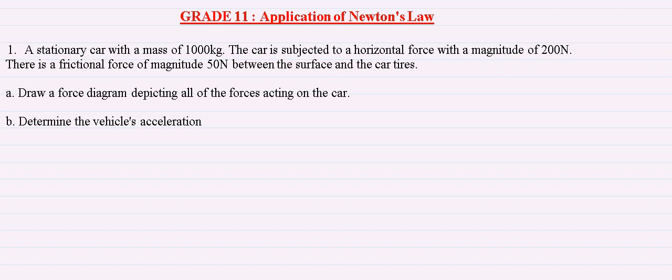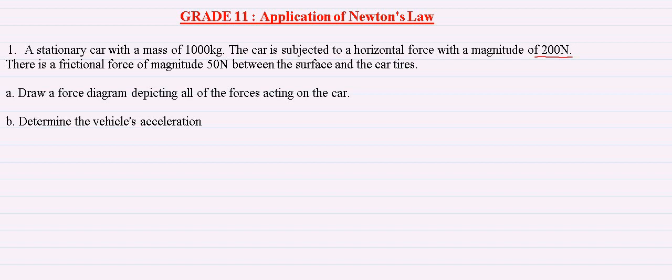So let's look at the first question. It says, a stationary car with a mass of 1000 kilograms is subjected to a horizontal force with a magnitude of 200 Newton.